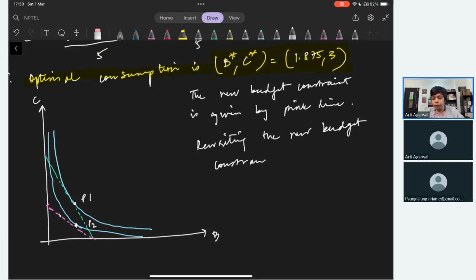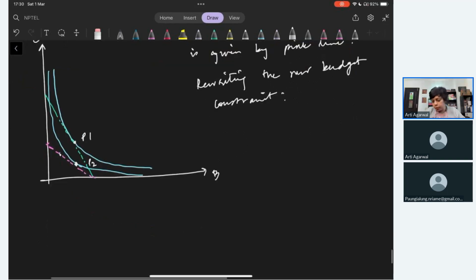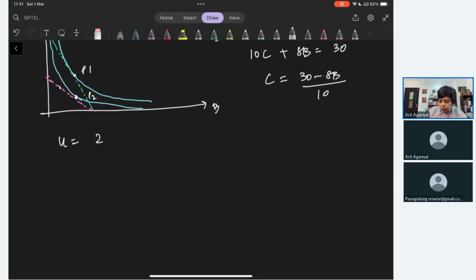So the price of corn on the cob is now 10C plus baked potatoes are the same, is equal to 30. C is equal to 30 minus 8B upon 10. So instead of 5, it is 10. Again, we substitute it into this curve.